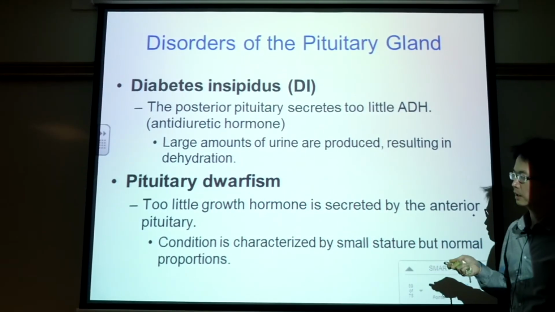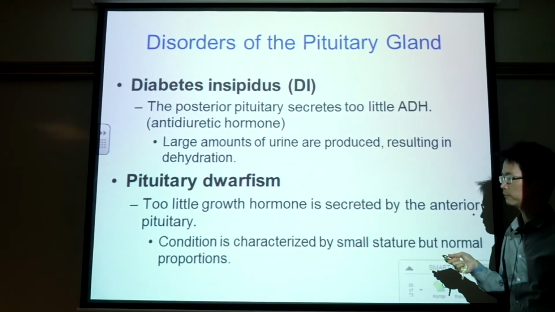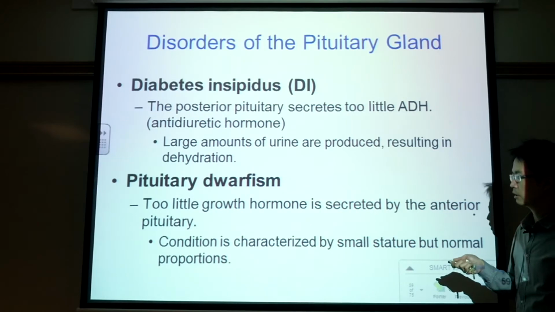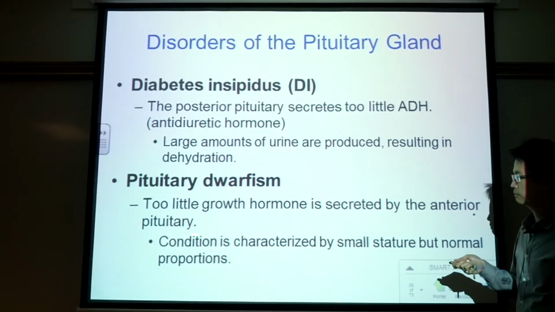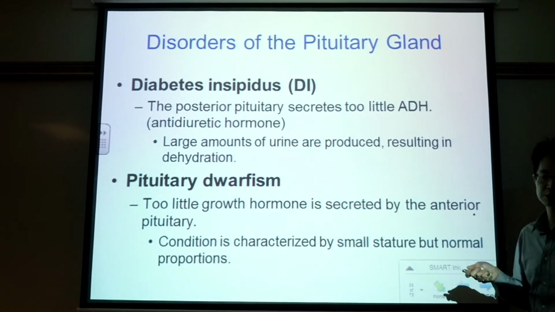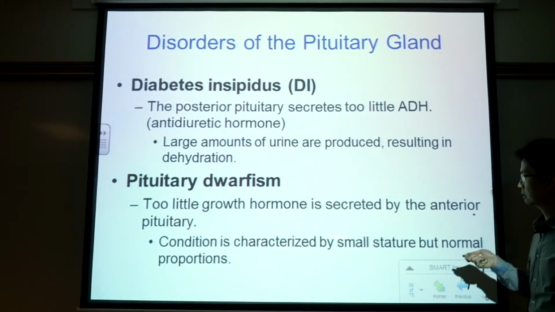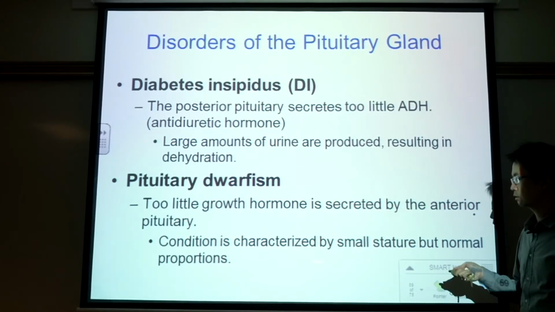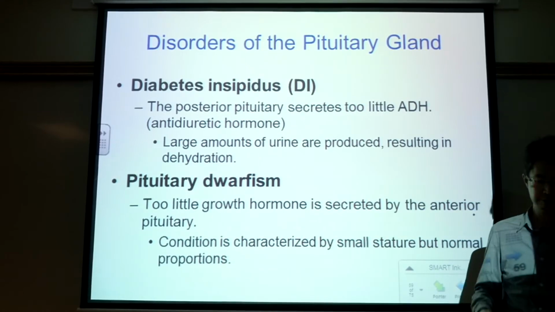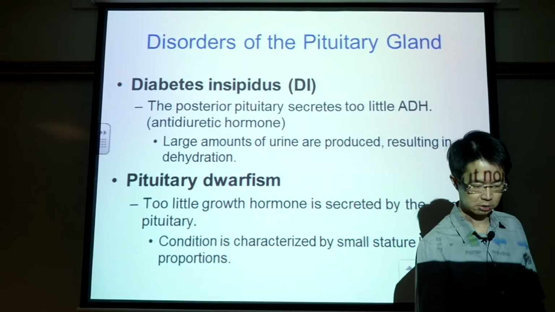And then another thing is called pituitary dwarfism. Pituitary dwarfism is also damage, but this time to the anterior pituitary. Damage to the anterior pituitary will produce little growth hormone. Little growth hormone will give people a short stature.